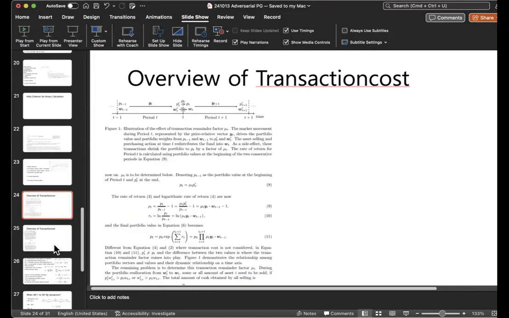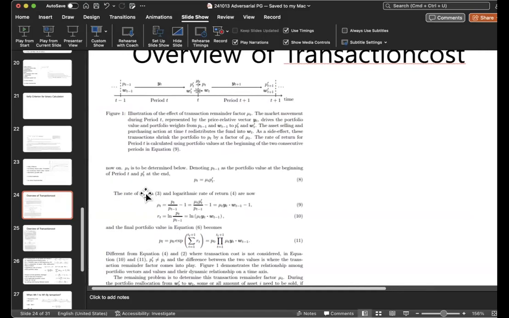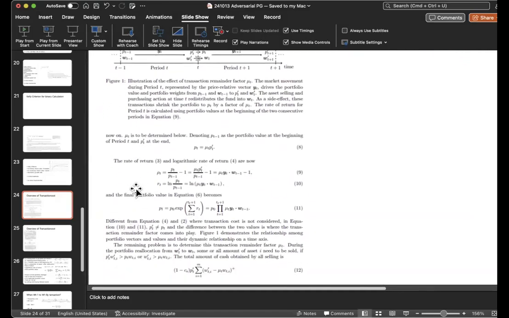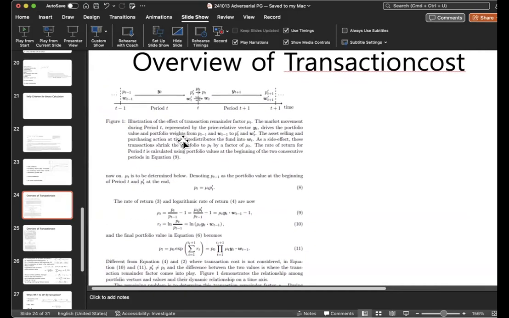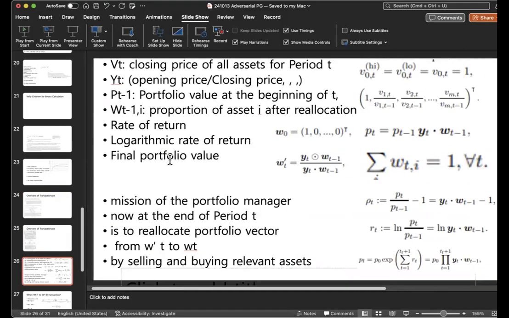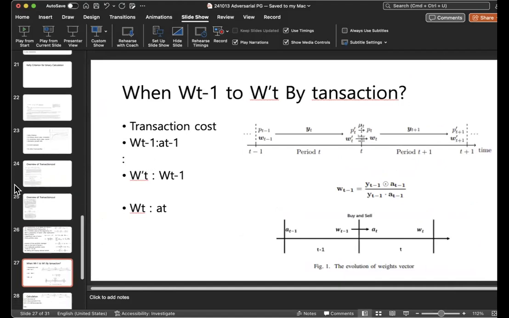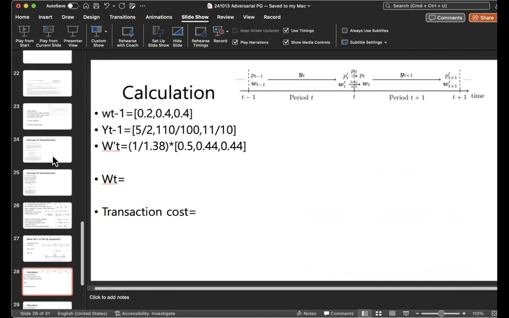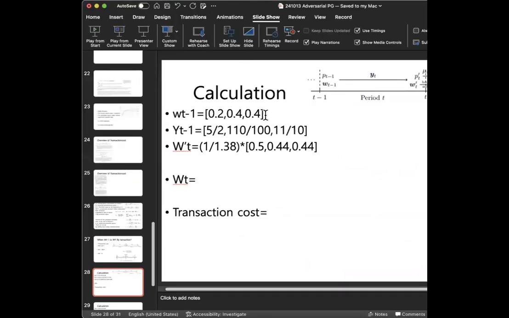So these are two papers about transaction cost. In the first paper, they calculate the transaction cost by first setting up the weight vectors.